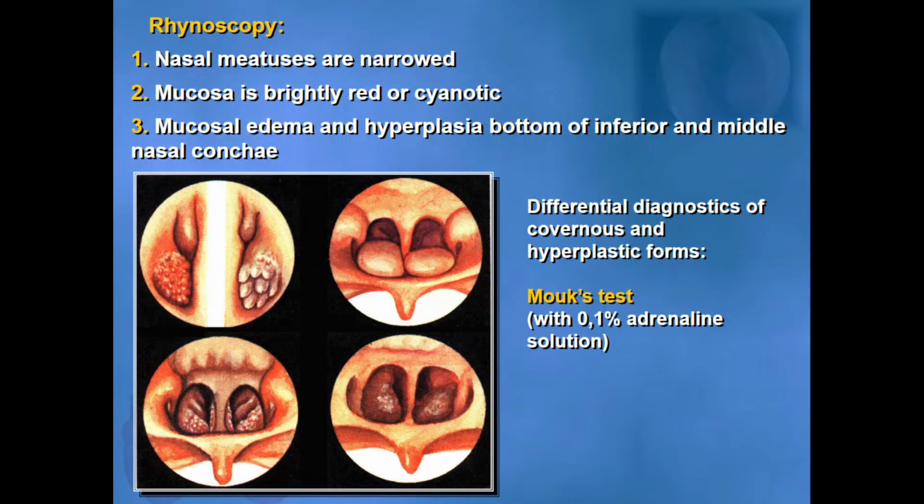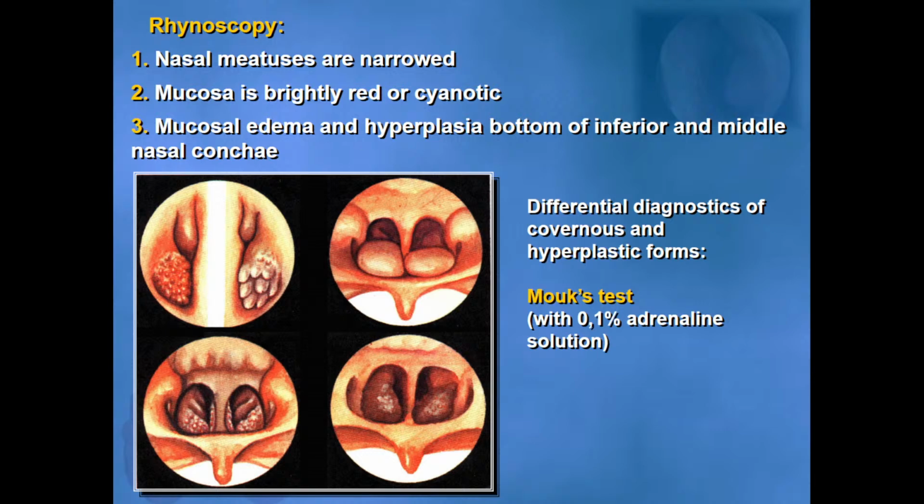During rhinoscopy, we can see narrow nasal meatuses. The mucosa is brightly red or cyanotic, with mucosal edema and hyperplasia of the bottom of the inferior and middle nasal conchas.